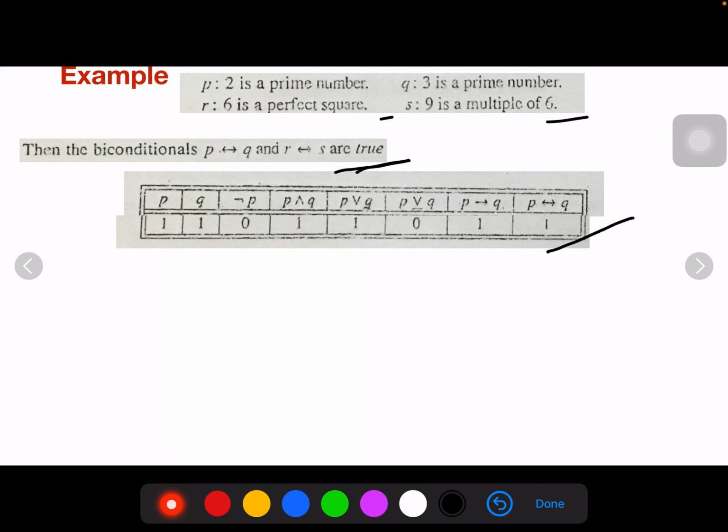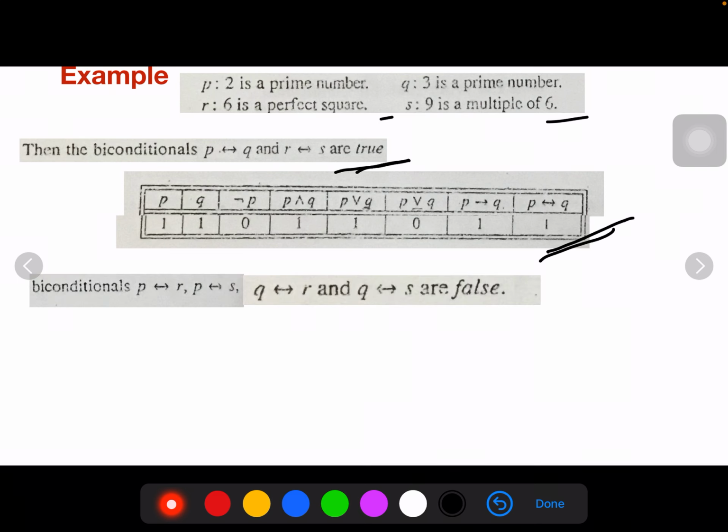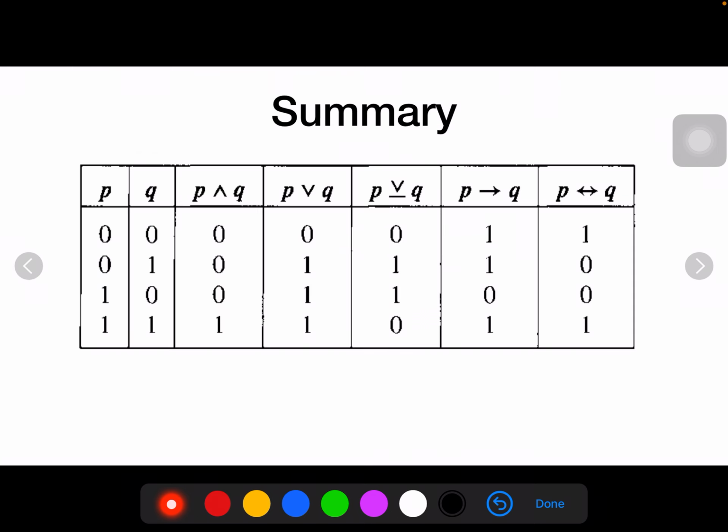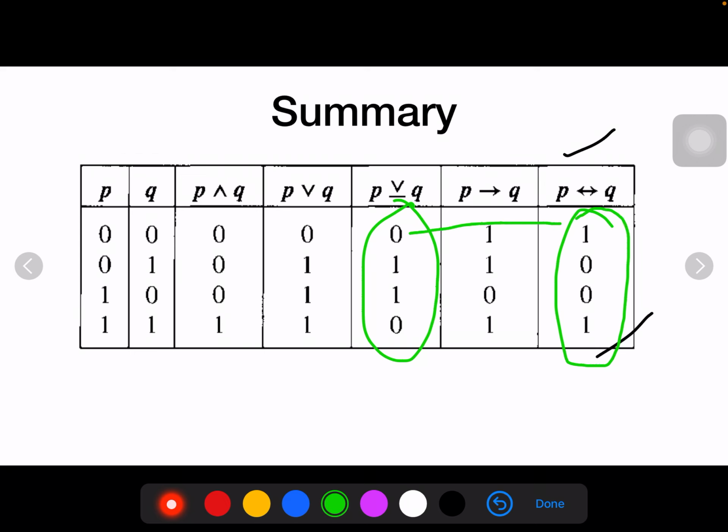Now this is a summary of all the previous. So the summary of all the connectives is tabulated here. Just to compare between two values, look at this. These two are negations of each other, opposite to each other. If it is 1, it's changing to 0.